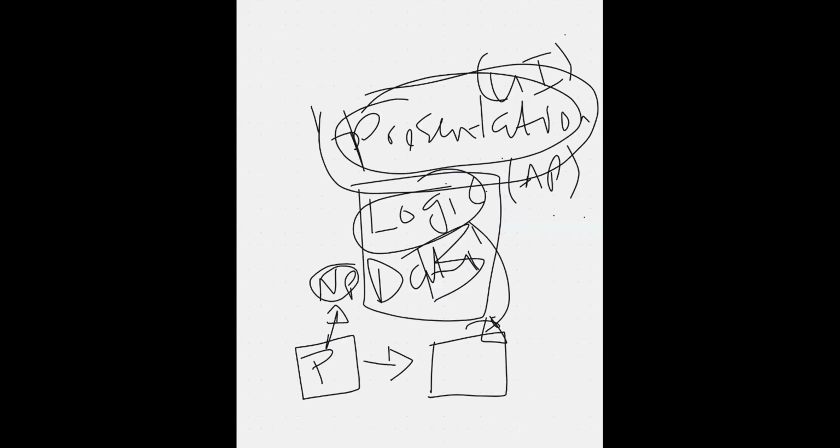So it passes the information here and keeps it inside. So the logic layer is simply that layer that does the transmission of information from the presentation layer to the database layer.